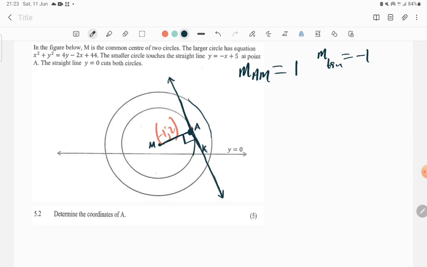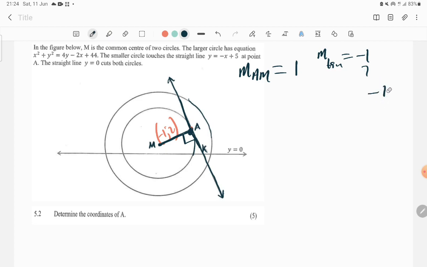As you can see, this line given there is the equation of this tangent, and the gradient is -1. Once they are perpendicular to each other, their product has to give us -1. So that is why we now have the gradient of AM being equal to just 1, because 1 times -1 gives us just -1.